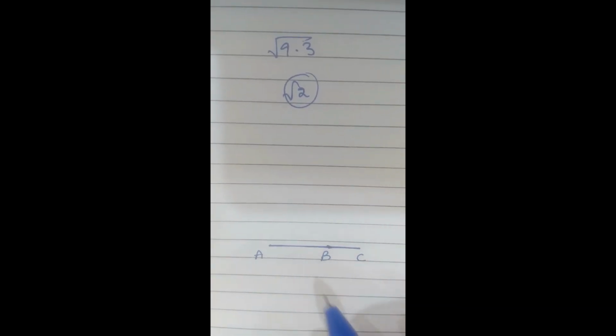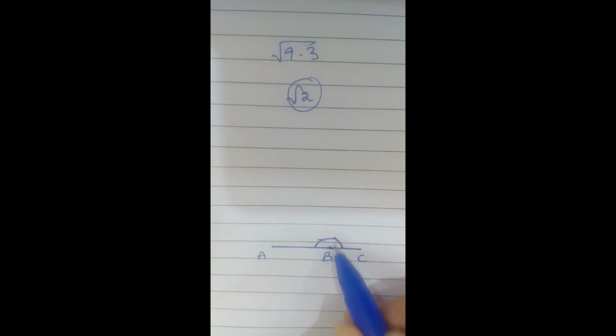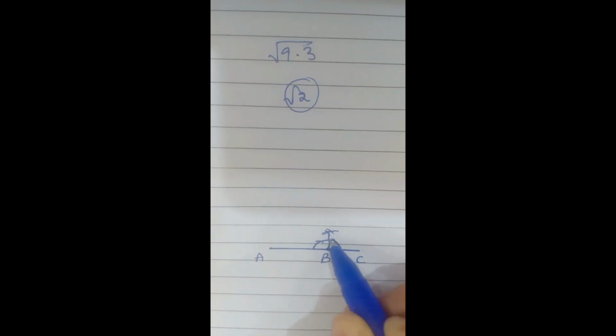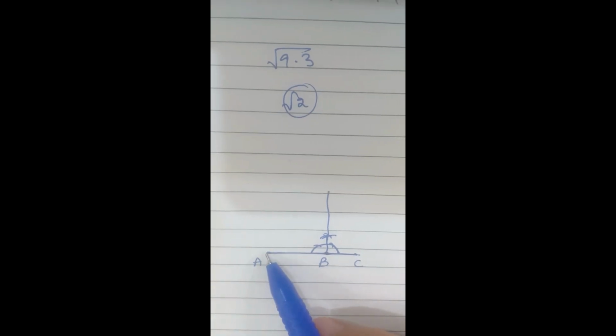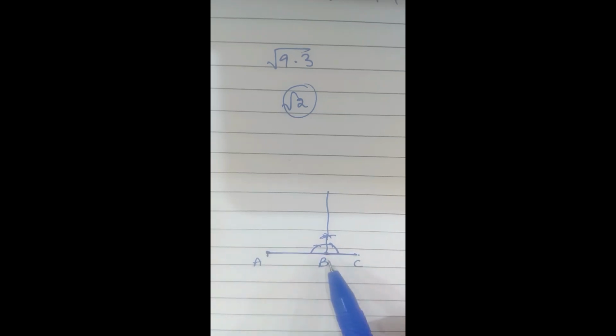Then after that, at point B, you are supposed to construct an angle of 90 degree, right? And before that, you will be drawing the perpendicular bisector of AC. You know what a perpendicular bisector of AC is? You will fix your compass at A and open it more than half. You know this is 2, this is 1, so total is 3.